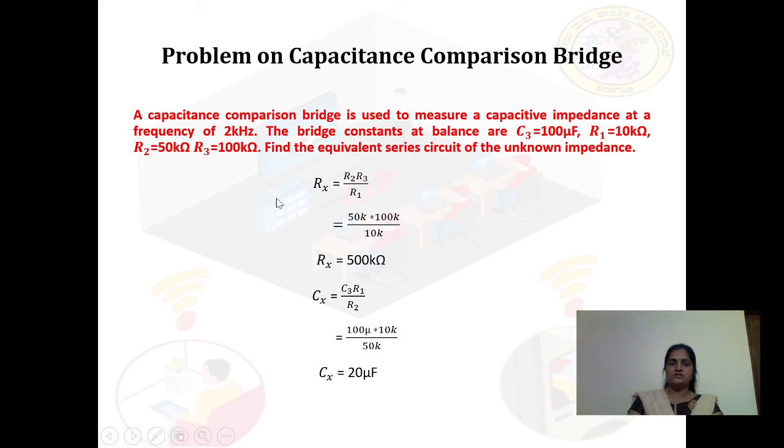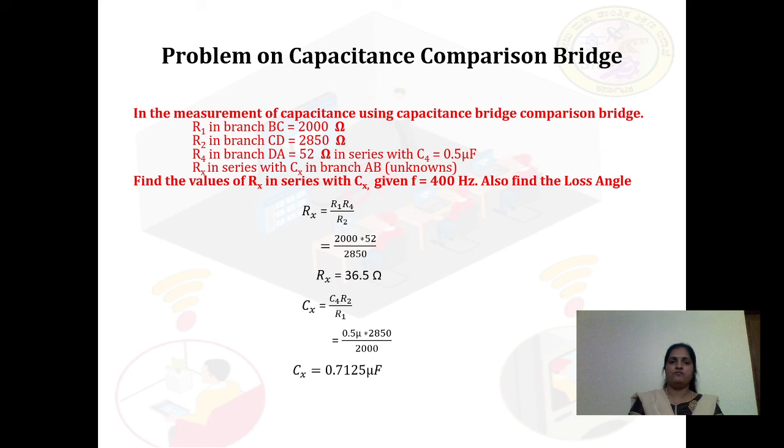There is no need to consider this frequency value; only C3, R1, R2 and R3 are needed to calculate Rx and Cx. Substituting the values of C3, R1 and R2, we finally get Cx equal to 20 microfarad.